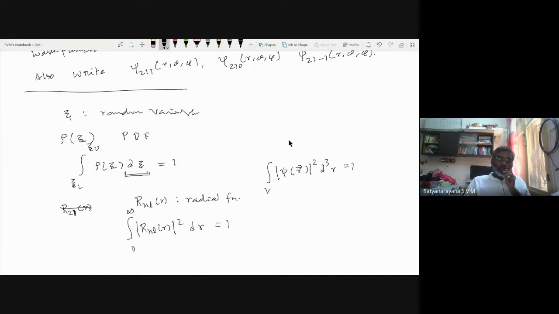So you have to keep this R square linked to it in defining your radial probability density, so that just by putting dr, it will be equal to 1. The reason is that in quantum mechanics you are using what is called square root of probabilities, which you never use in any other subject in physics.